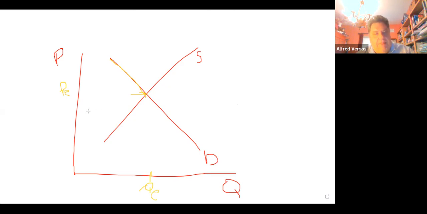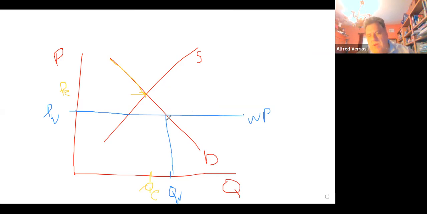As soon as this economy opens up to international trade, the rest of the world, we have a PW and another QW, the quantity and the price when we open up to the world price, WP. So when we open up to the world price, that's the price at which we are going to be selling, and this is the quantity.